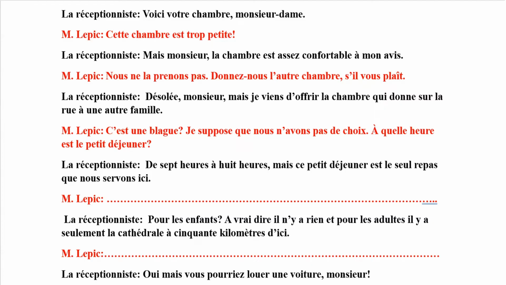Is this a joke? I guess we don't have a choice. What time is breakfast? De 7 heures à 8 heures, mais ce petit déjeuner est le seul repas que nous servons ici. From 7 to 8 o'clock. But breakfast is the only meal that we serve here.